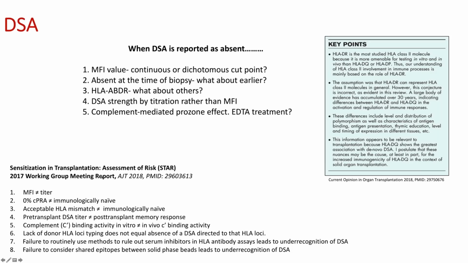Now, there was a recent paper in AJT 2018, titled Sensitization in Transplantation: Assessment of Risk, or STAR. This is a 2017 working group meeting report that brought out salient points. One, the strength of the DSA as determined by MFI is not equivalent to the titer of the DSA. 0% PRA doesn't mean that the patient is immunologically naive.